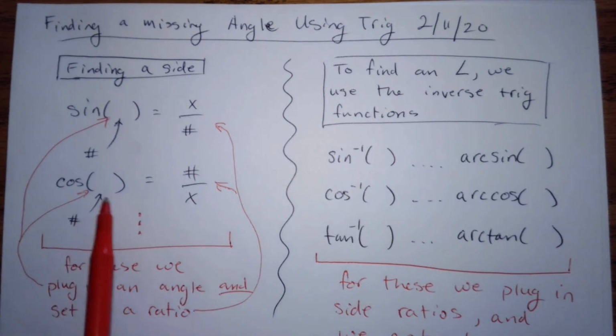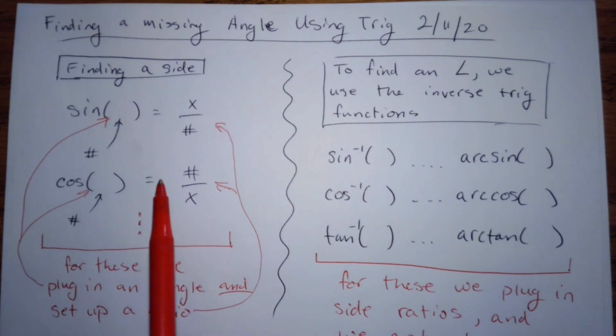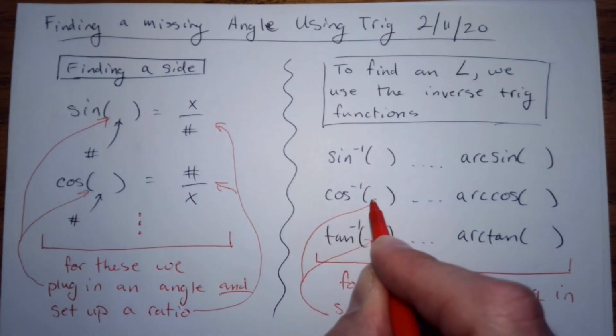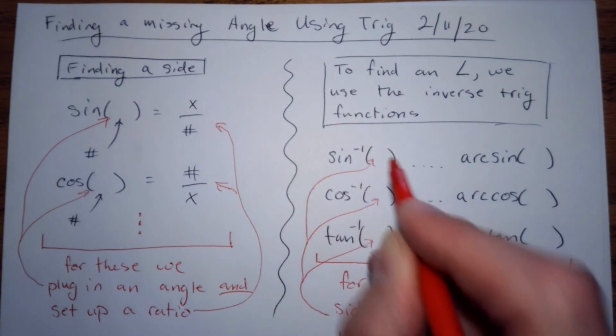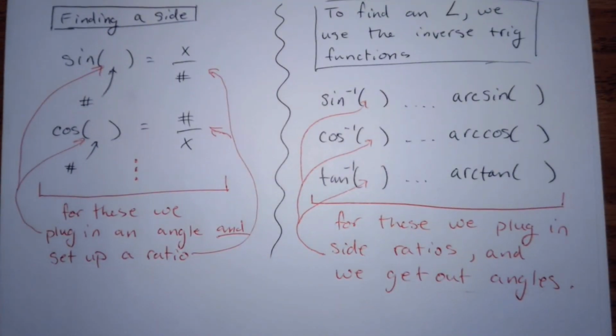So on this side, we would plug in an angle, we would set up a ratio, and we would use it to solve for x. On this, we're really just plugging in side ratios into the parentheses. And then we'll just type that in our calculator, and this will spit out the angles that we want, as long as we set them up properly. So angles will come out of these.